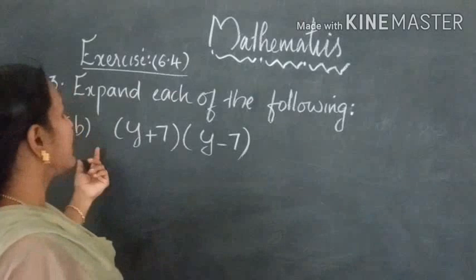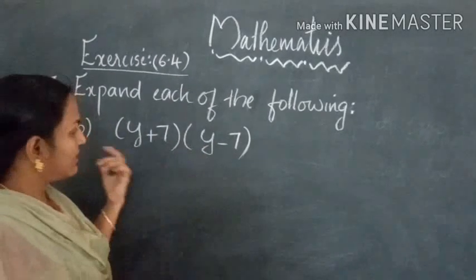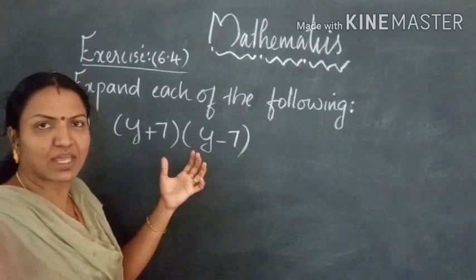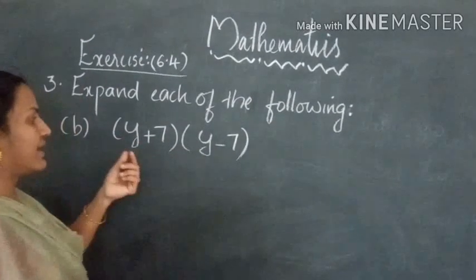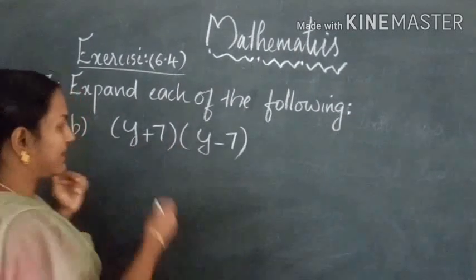Next, option B, (y + 7)(y - 7). In the same case, (a + b)(a - b) is equal to a square minus b square. Here a is equal to y and b is equal to 7.